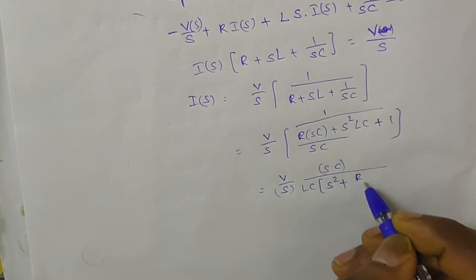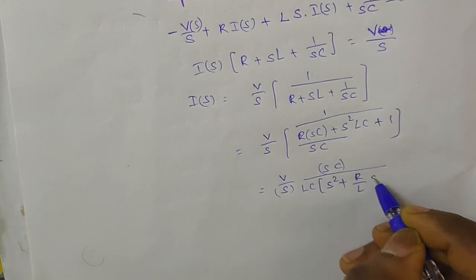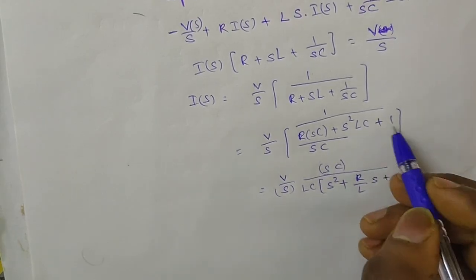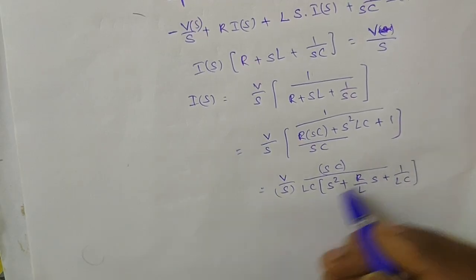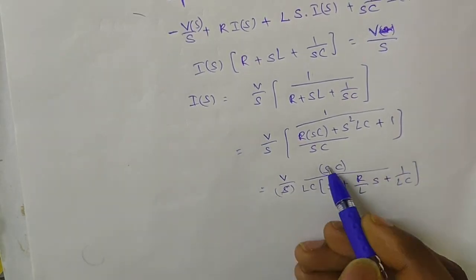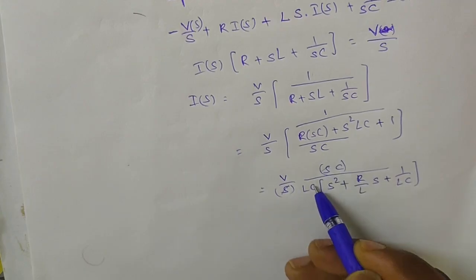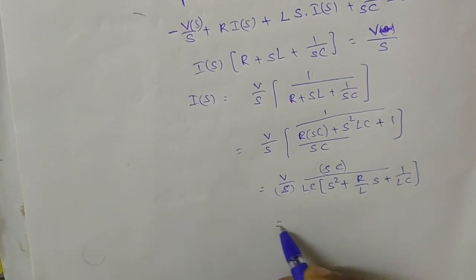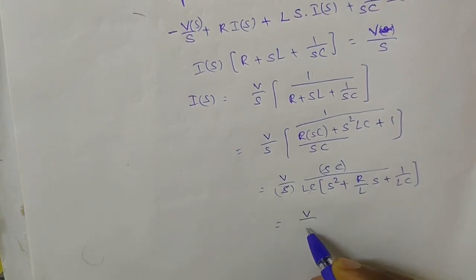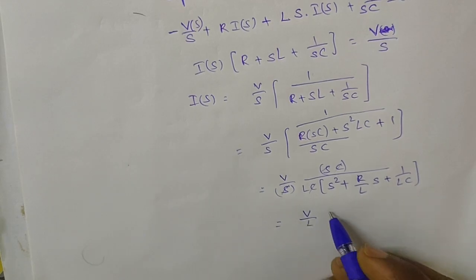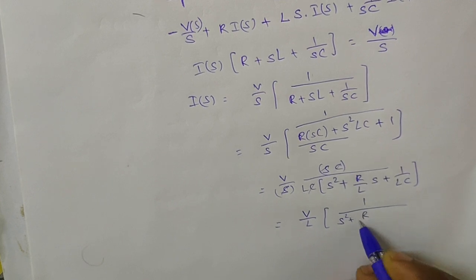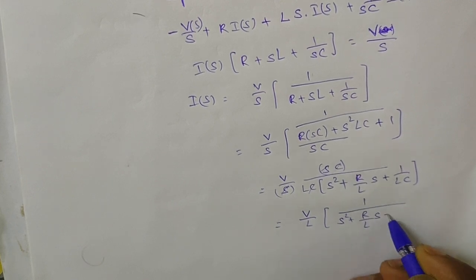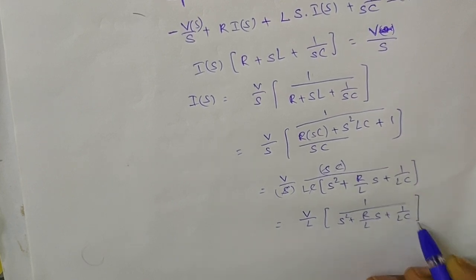R by L into S plus 1 by LC, with LC taken common. Here S and S will cancel out, C and C will cancel out, so V by L into 1 by S square plus R by L S plus 1 by LC.